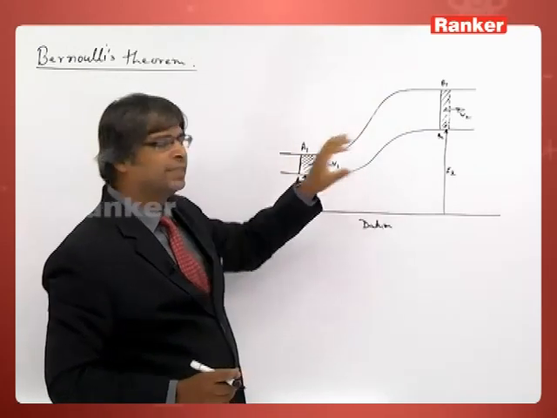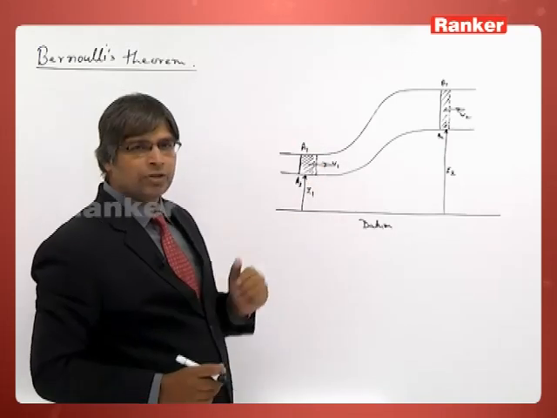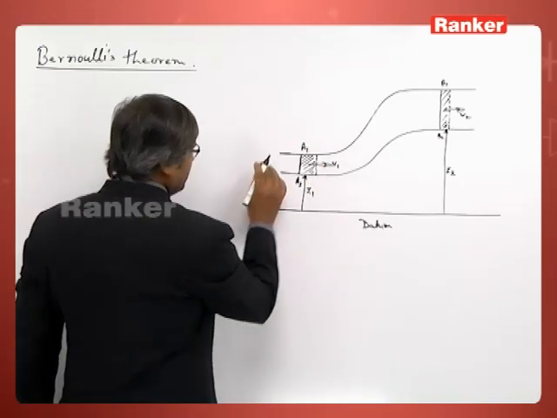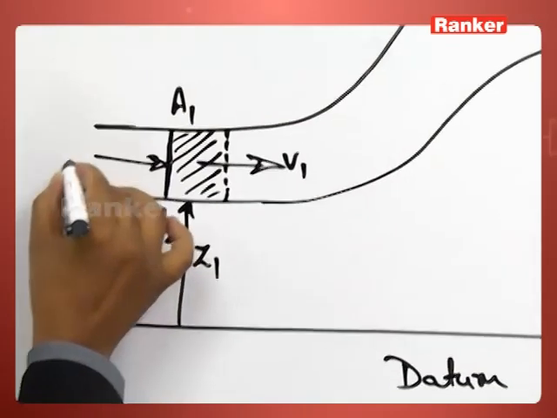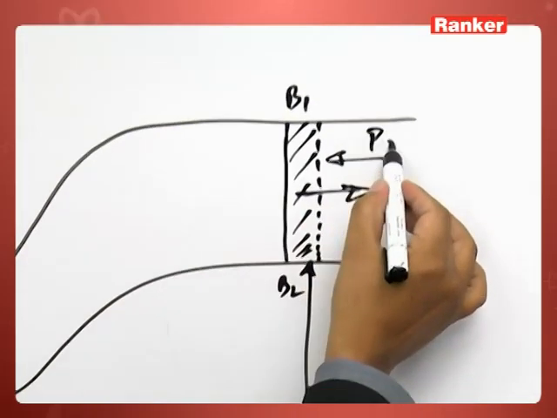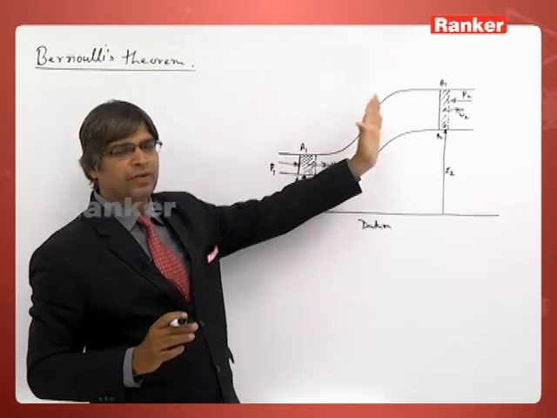So A1, A2 is the area of cross sections, or we can assume S1, S2 also area of cross section. Now here the fluid is applying a pressure P1 and here the fluid pressure is P2. So these are the standard symbols, pressures here P1 and P2.